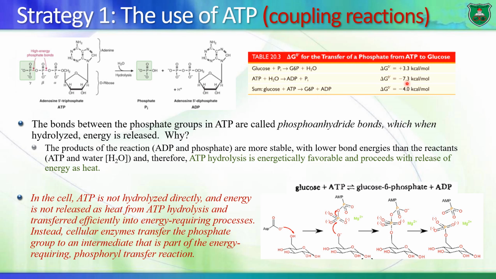Now delta G would be delta G of the first reaction plus delta G of the second reaction, which is exergonic, less than 0, and the total becomes delta G naught prime minus 4.0. So we convert an endergonic reaction, which is the first one right here, into an exergonic, favorable reaction by coupling these two reactions to each other. Okay, by coupling the first reaction to the ATP hydrolysis reaction.